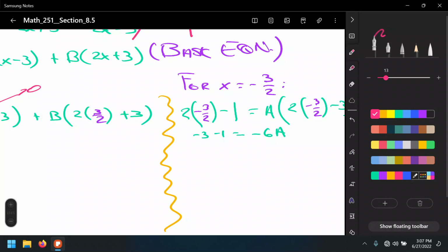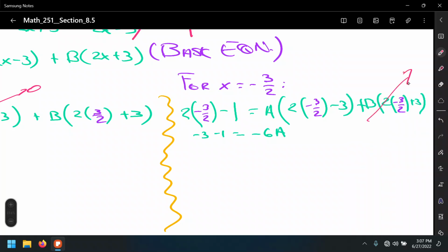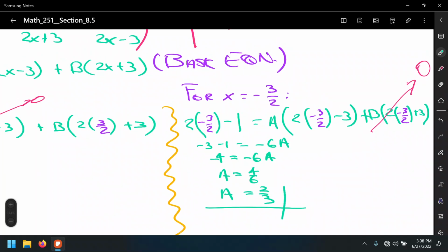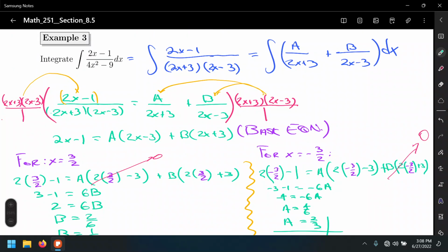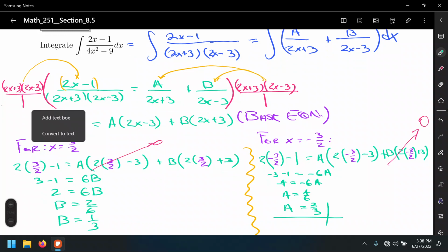But because negative 3 plus 3 equals 0, this gets zeroed out. Right? So let's simplify. Negative 3 minus 1, that's a negative 4, equals negative 6a. And a equals 4 over 6, which reduces to 2/3. So we just got both coefficients a and b that will split this partial fraction. All right?